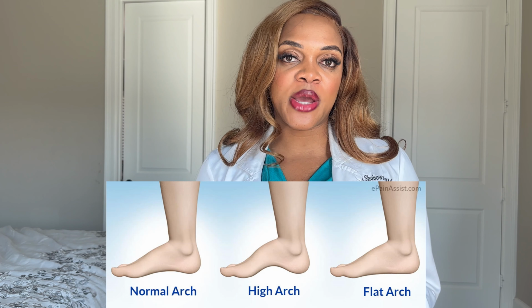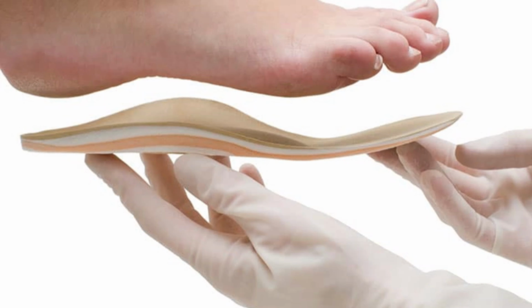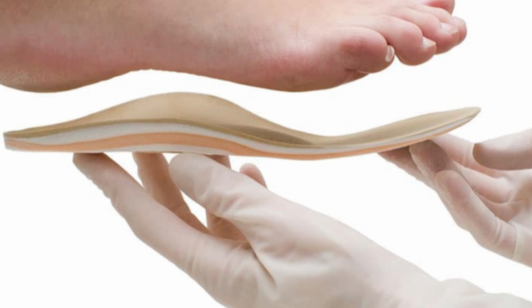And if you look at your foot and you feel like you have a different type of foot, or high arch foot, or flat foot, there are shoes that are made specifically for that kind of foot type that should be able to help. Now, if you don't wear sneakers or you wear dress shoes most of the time, then I would definitely recommend a custom orthotic. A custom orthotic is an insert that is made specifically for you.